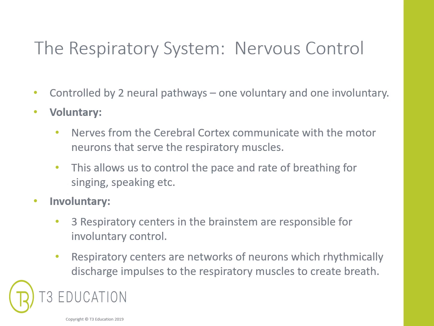That allows us to take control of the pace and rate of breathing for singing, speaking, or even as mindfulness techniques and a means to control anxiety, for example, by slowing down our breath rate. And that has a knock-on impact on slowing down heart rate, for example. But mostly it's involuntary. It's an autonomic nervous system response. There are 3 respiratory centers in the brainstem that are responsible for this. The respiratory centers are networks of neurons which rhythmically discharge impulses to the respiratory muscles to ensure that we keep on breathing.